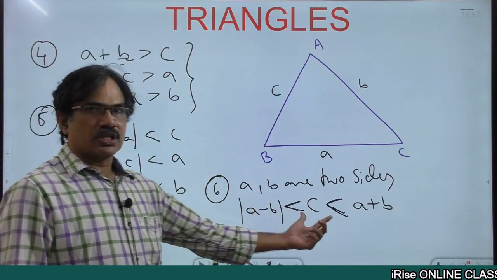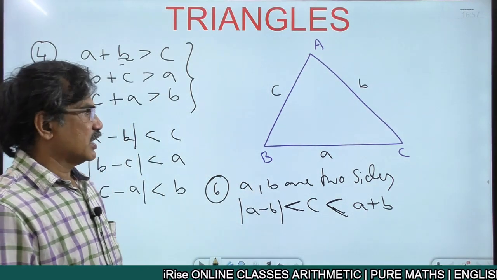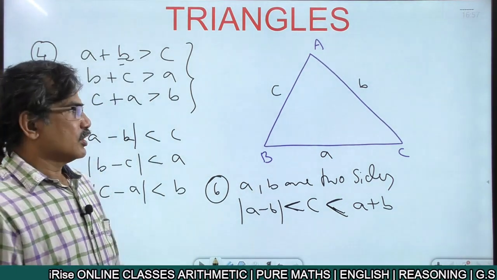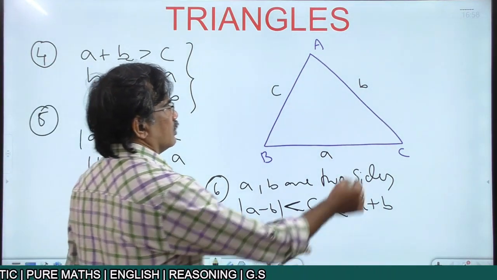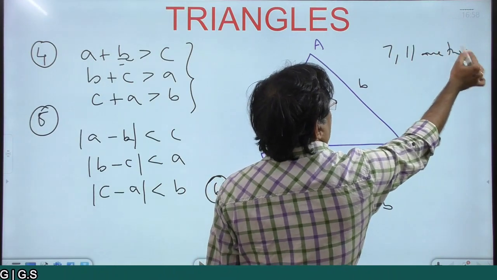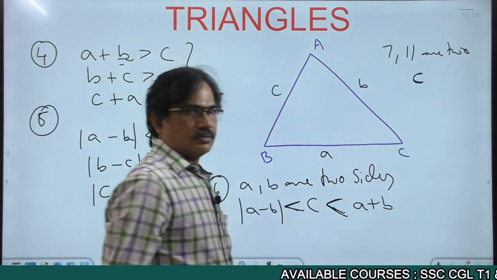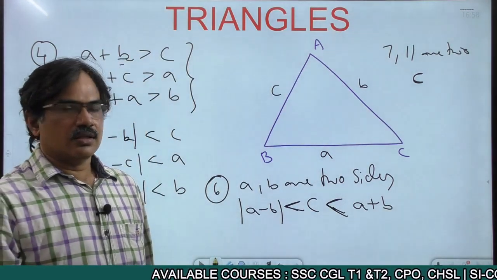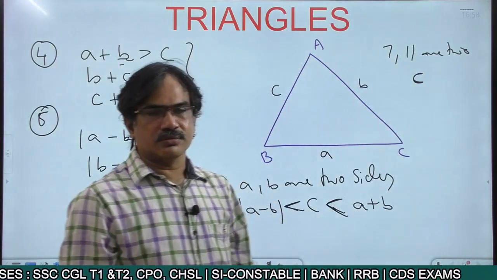Actually one question was given in the recent tier 1, but big numbers were given. So I want to give a question based on this. Here 7, 11 are two sides of a triangle, then what about the third side C? How many integral values of C satisfy the triangle condition?